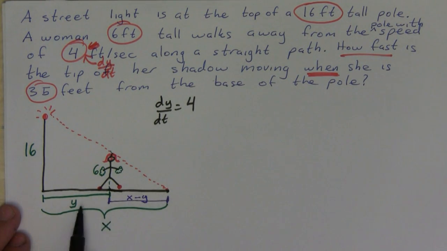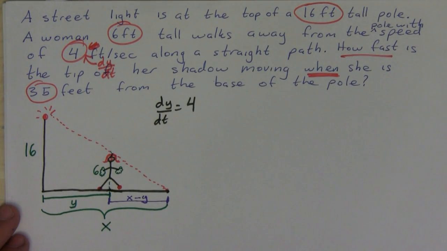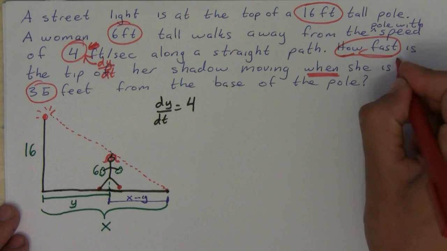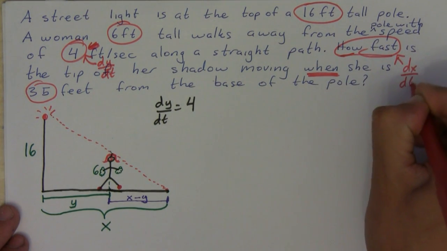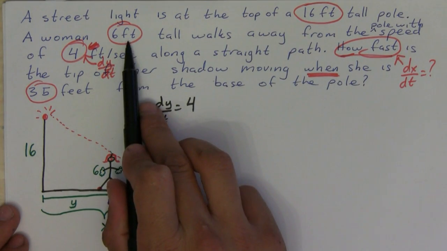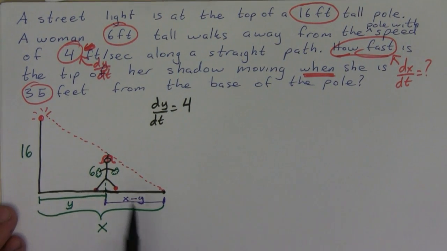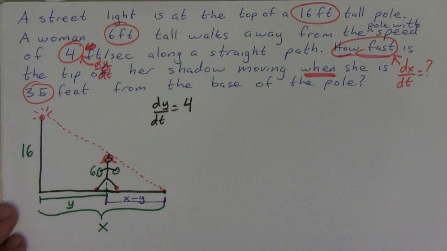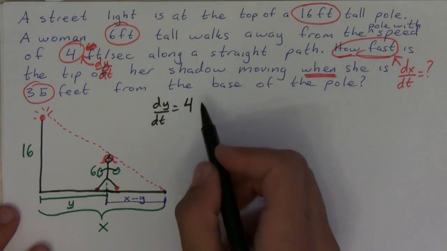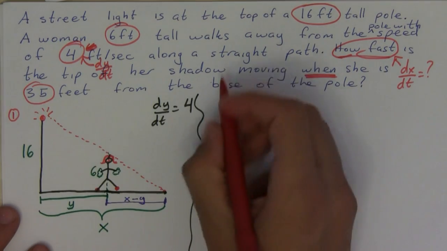And it's positive because the distance is increasing. Now the question, how fast is the tip of her shadow moving, this is what we're looking for. This is going to be dx over dt. And the 16 feet and the 6 feet are constants, so we don't really need to label them, although you could assign these a letter. But we have the picture, so that can take the place of that. Okay, so this is the labeling and drawing a picture.